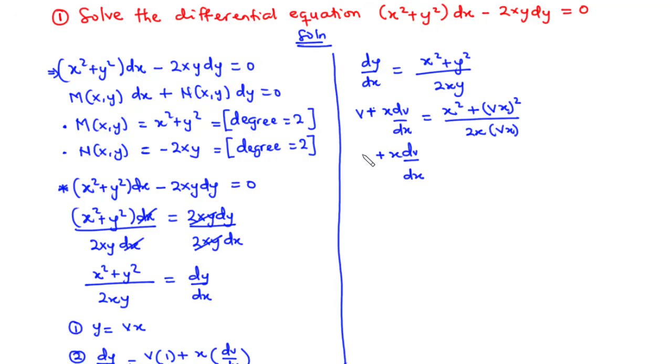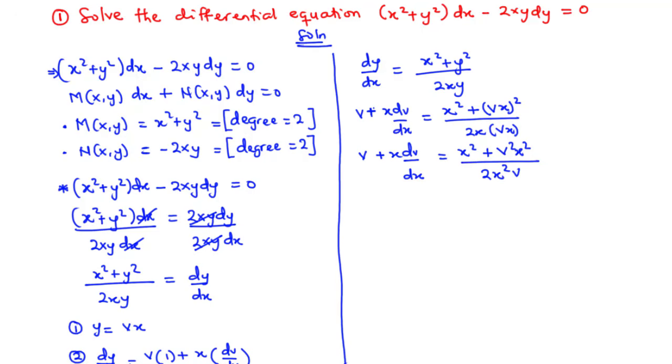So we have v plus x dv/dx equals, we have x squared, let's work out, this becomes v squared x squared all divided by, we are going to have 2 times x squared v.